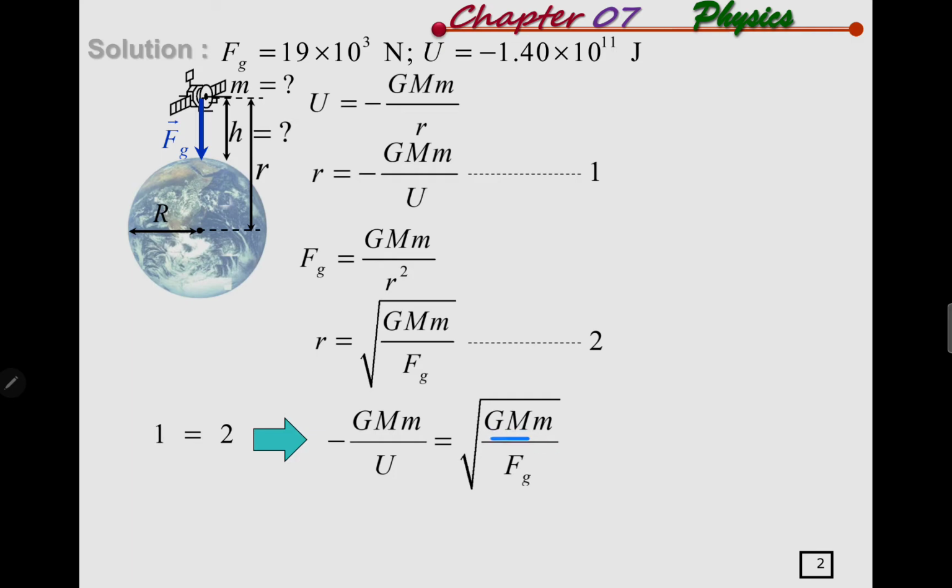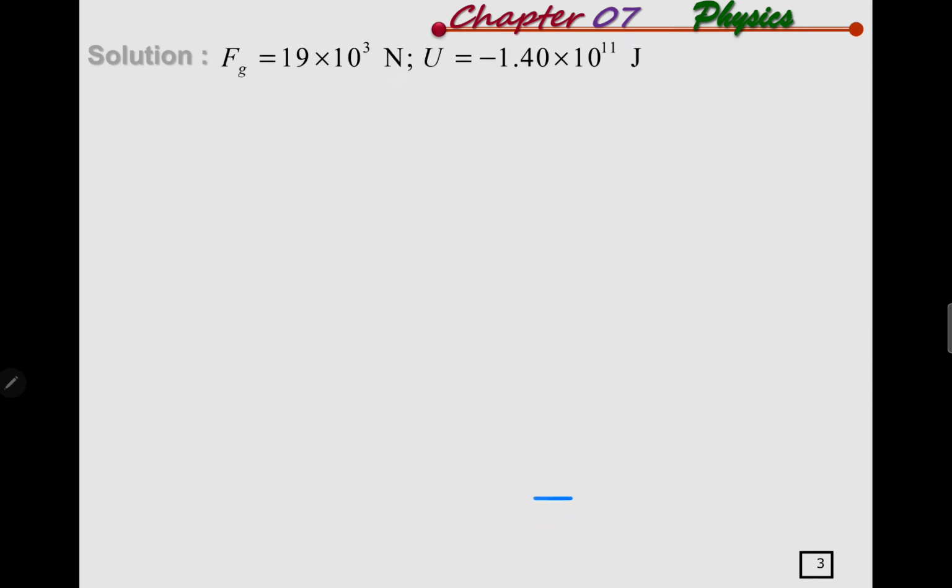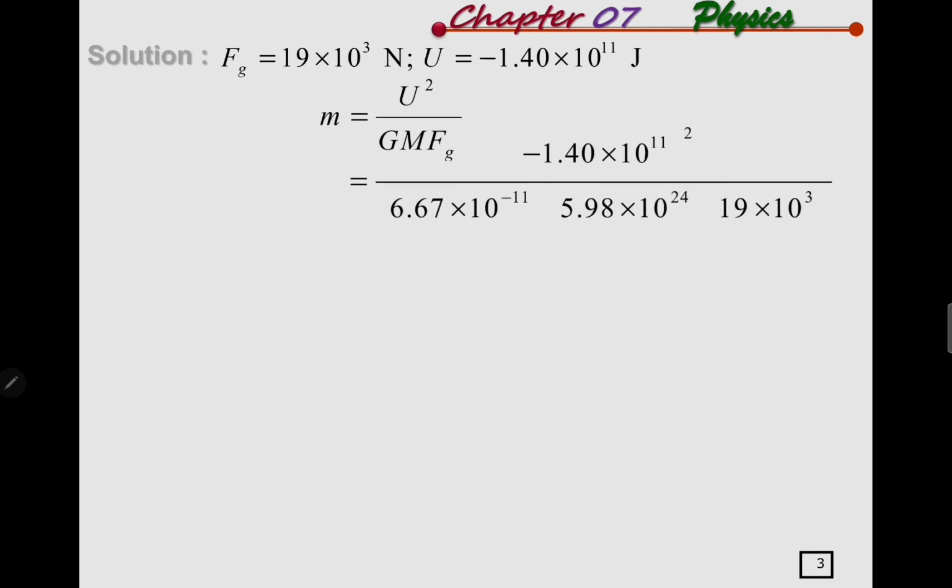Then replace the values, simplify the equation, and rearrange. The mass will be equivalent to U squared over constant G, mass of Earth, times force. Replacing the values in the equation, we end up with the mass of the satellite.